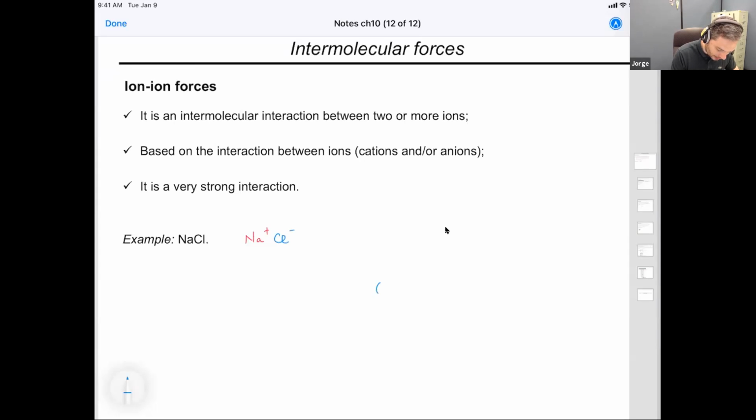Therefore, the interaction between a Cl- and a Na+ ion, I'm going to represent here by the double arrow. This interaction here is called ion-ion interaction.